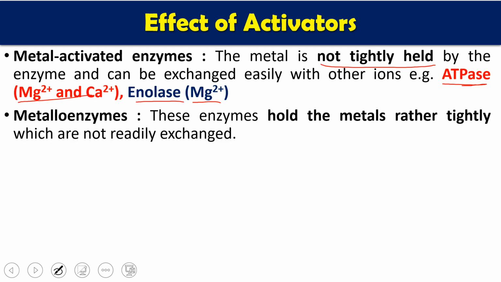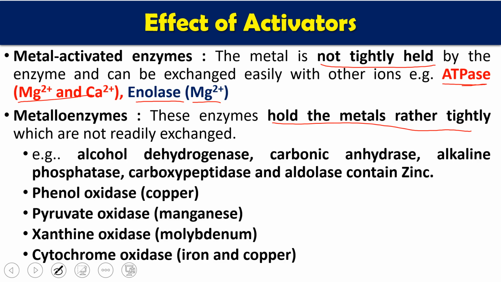Whereas metalloenzymes, these enzymes hold the metal very tightly and we cannot easily remove it from the enzymes, and it is compulsory. Some of the enzymes, alcohol dehydrogenase, carbonic anhydrase, alkaline phosphatase, carboxypeptidase and aldolase, are associated with zinc, meaning they require zinc for their activity, and zinc is tightly associated with the enzymes.